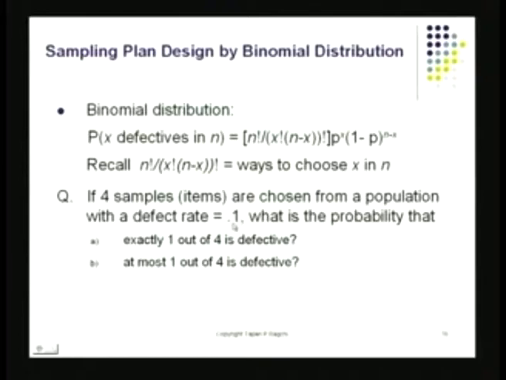P is going to be this 0.1 raised to the power 1, and 1 minus 0.1, which is going to be 0.9 raised to the power 4 minus 1, which is going to be 3. That's going to be exactly this, and I could write this formula out for you, or we could do that. So that thing can be done the moment we assume our distribution to be binomial.